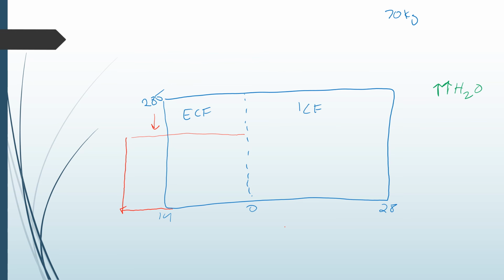Remember, the concentration in the ICF is actually greater now than the concentration in the ECF, so the fluid is going to shift into the ICF. So when it shifts into the ICF towards the higher concentration, it's also going to cause dilution of the ICF, but it's going to help to increase the concentration of the ECF until a new equilibrium is reached.